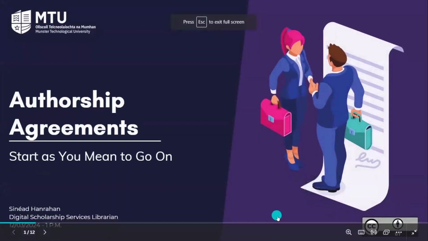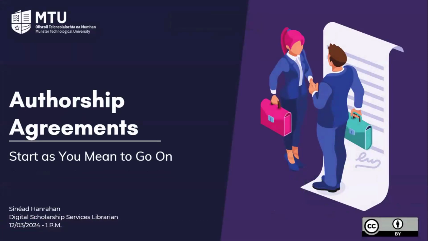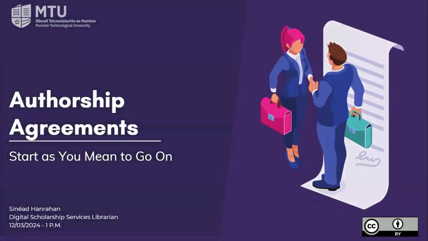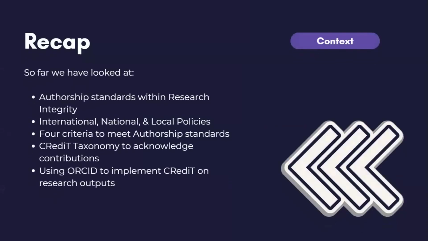Thanks again, Sean. Today I am going to follow on from what we were talking about last week, which was the credit taxonomy, and this further builds on what we have been doing over the last few months in terms of responsible dissemination practices.